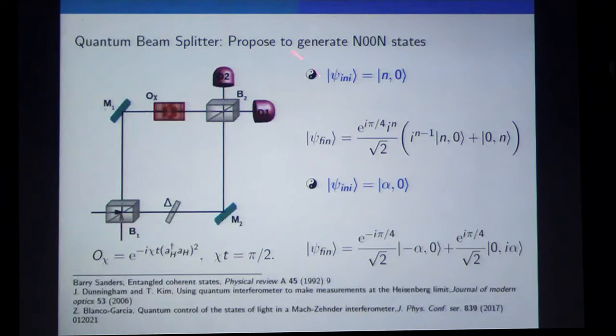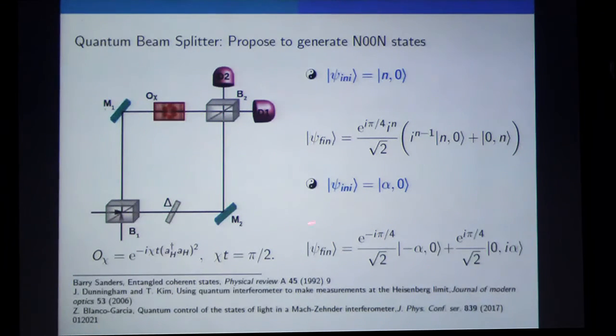Dunningham says that a quantum beam splitter is a device that can produce NOON states in the laboratory. Here, for example, if we inject m photons in the horizontal path and the vacuum in the vertical, at the output of this device we find this state, which is a NOON state, a maximally entangled state.